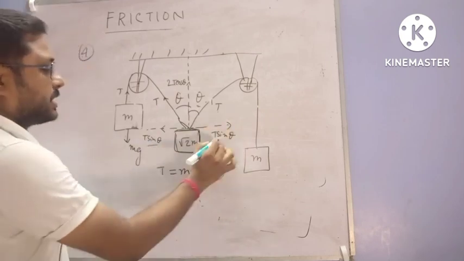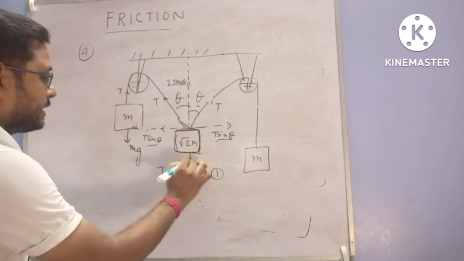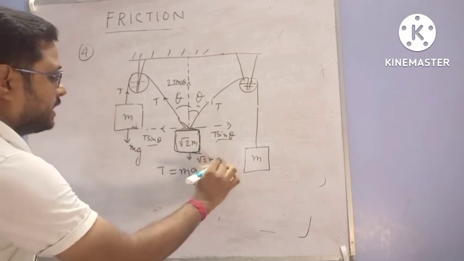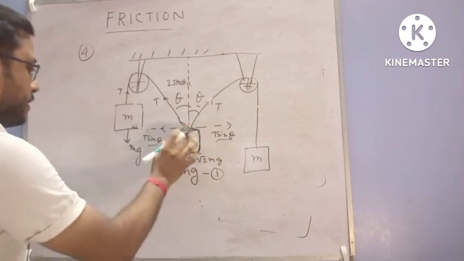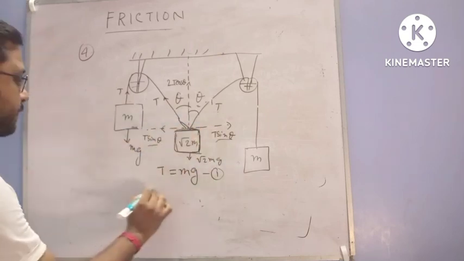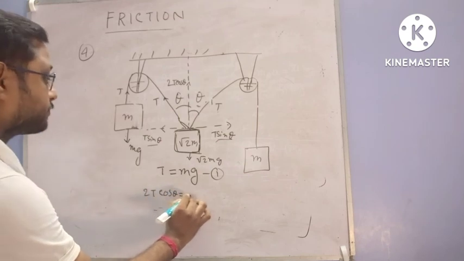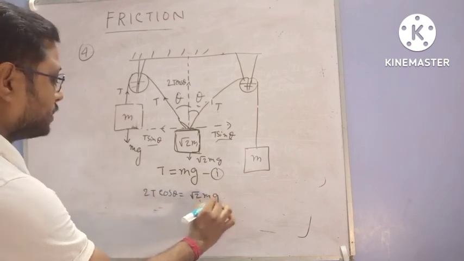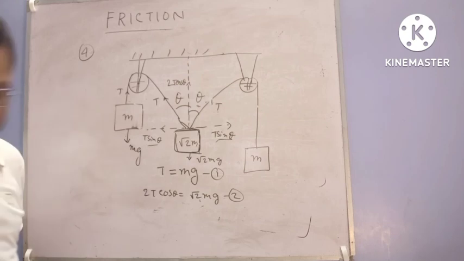As the two forces are equal but opposite, they cancel out, and here the weight root 2 mg occurs. Therefore, for this mass root 2 m, the free body diagram gives 2T cos theta equal to root 2 mg.